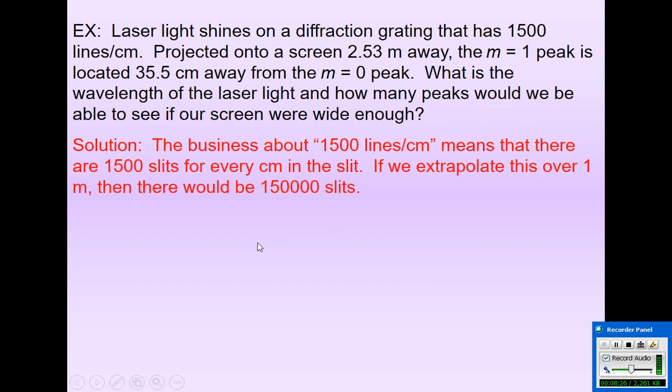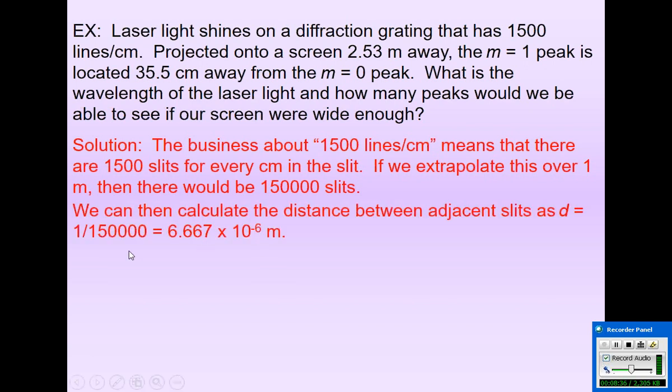And we get our separation d, the separation between the slits, as 1 over the number of lines per meter. So d is equal to 1 over 150,000. d is 6.667 times 10 to the negative 6 meters. So it is extremely small, but it is on a scale that is comparable to a light ray's wavelength.